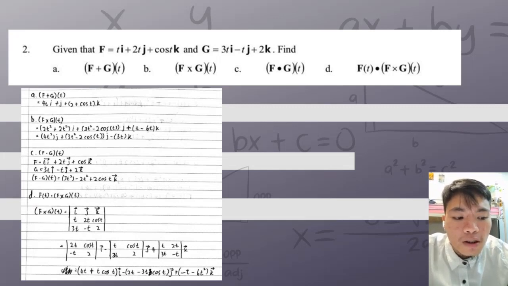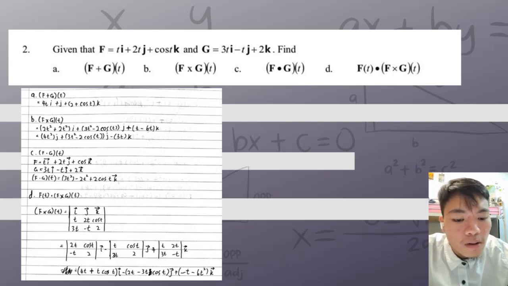For the first step, we just copy the expression for f and the expression for g, and the second step is we combine or add them. The answer we can get is 4ti plus j plus (2 plus cos t) k.